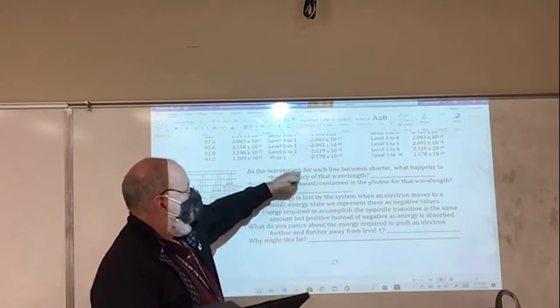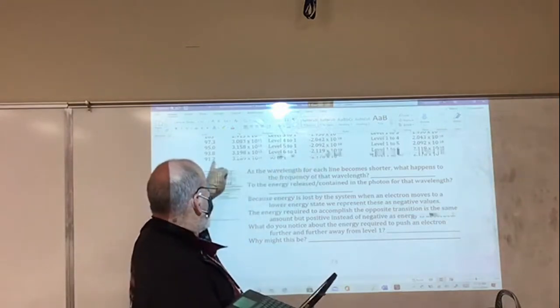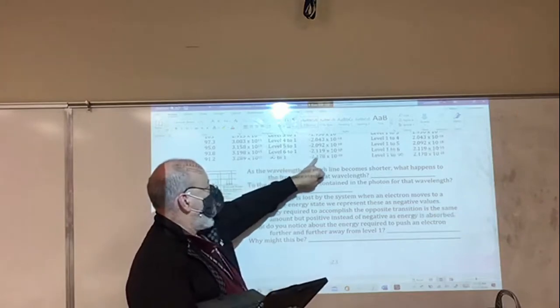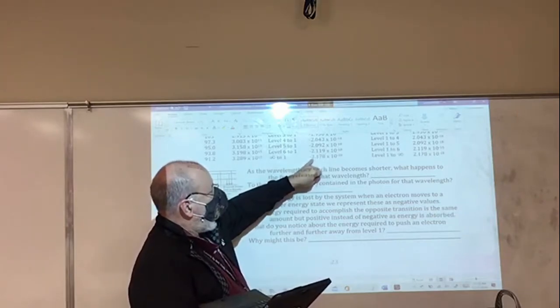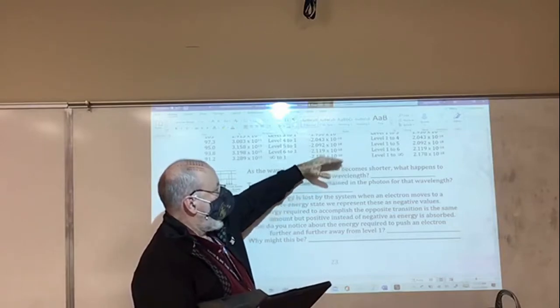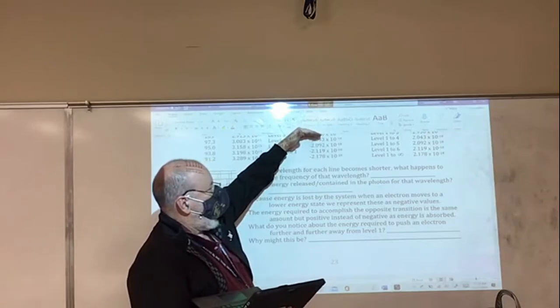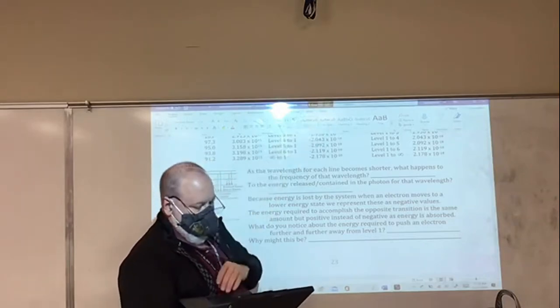Okay, so this ground state, when I'm at the lowest energy level, I'm at -2.178 times 10 to the -18th joules, less than what I would be if I was not part of the atom.